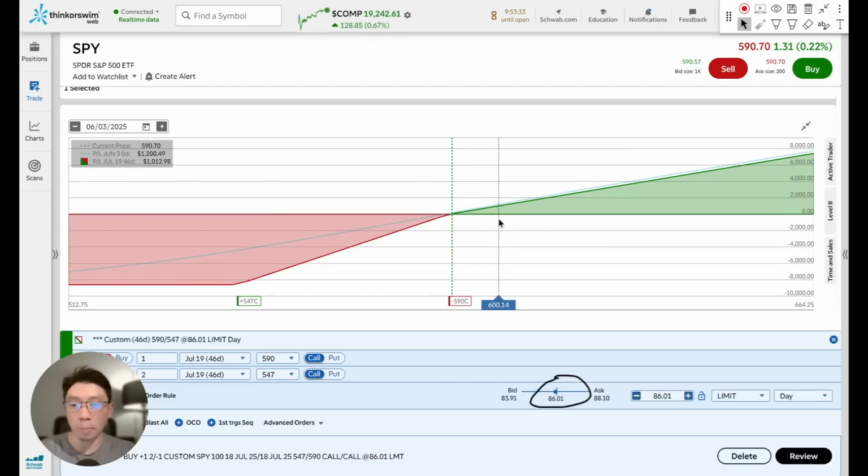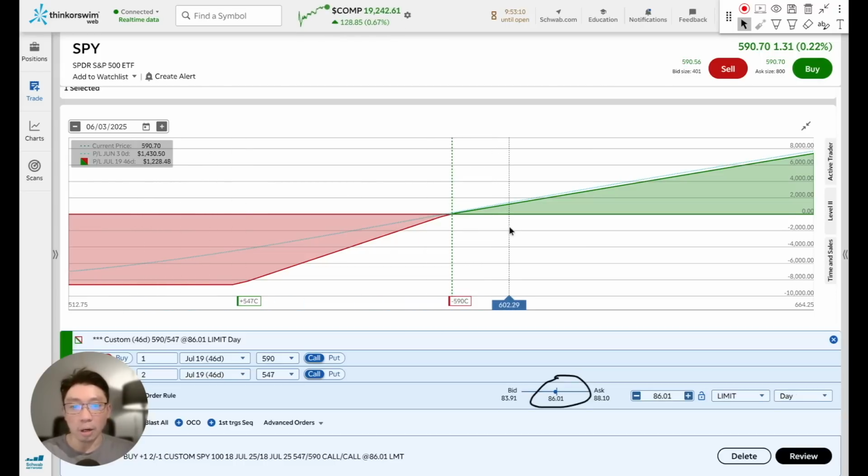Now, if you were to buy the stock itself, let's say you buy 100 shares of SPY, then $10 in gain of the underlying is going to net you roughly about $1,000 in profit. However, you're going to lay out about $59,000 to make that $1,000 profit. But for this zebra strategy, what you notice is that at the $600 mark, look at the P&L down here, right?